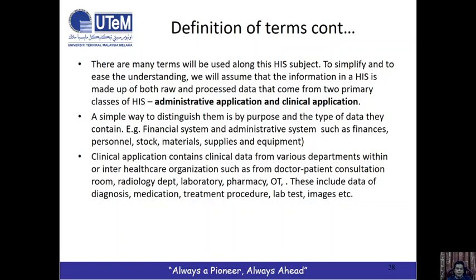That data, raw data and processed data, actually comes from two primary classes of HIS: administrative application and clinical application. So these are the two major applications in a healthcare information system.